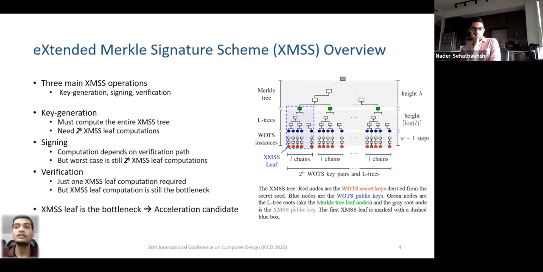But the worst case for signing still involves 2^h XMSS leaf computations. For the verification operation, only one XMSS leaf computation is needed, but it is still the most compute-intensive portion of this operation. Overall, the XMSS leaf computation is the most used and the most compute-intensive step in the XMSS scheme. Therefore, it is the perfect candidate for hardware acceleration.